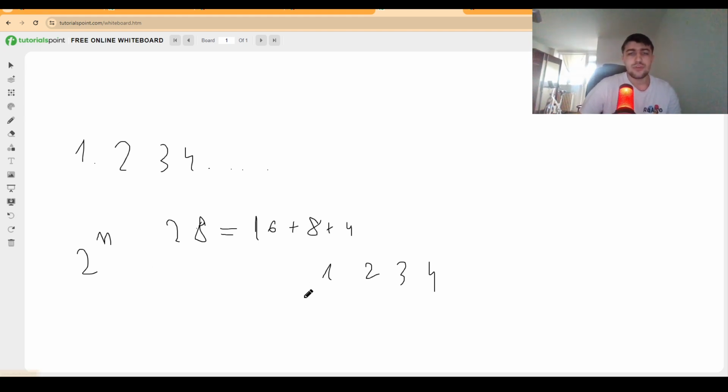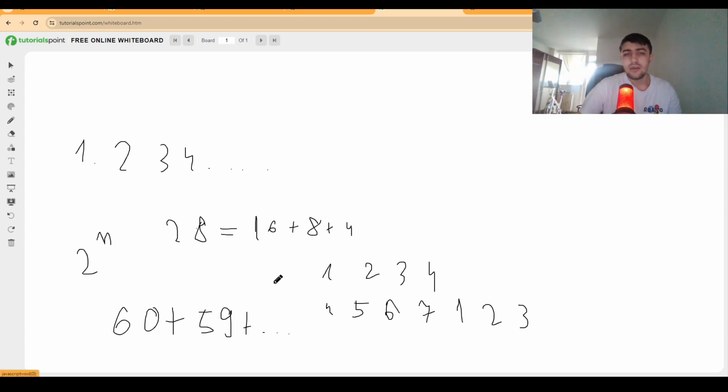Another alternative would be to start counting backwards, and we would have something like 4, 5, 6, 7, 1, 2, 3. But the problem with this approach is that the length would be too big, as we need the length to be at most 200. Because in the worst case, we would have something like 60 plus 59 plus 58, and this grows fast. Now, let's discard this idea.